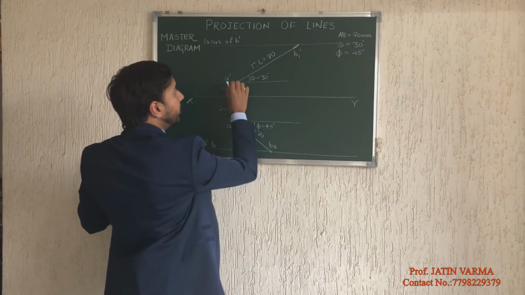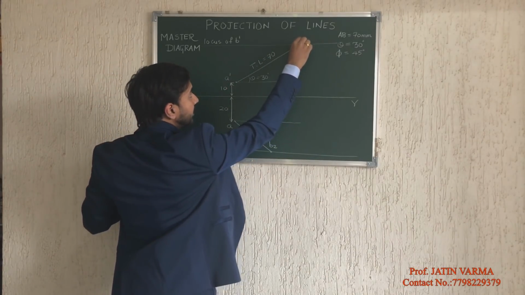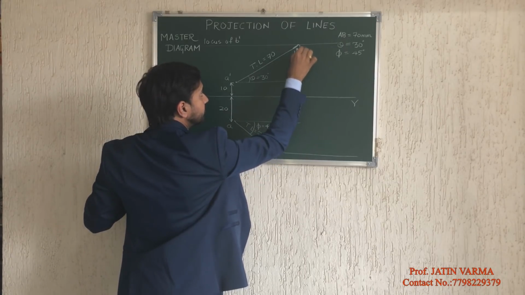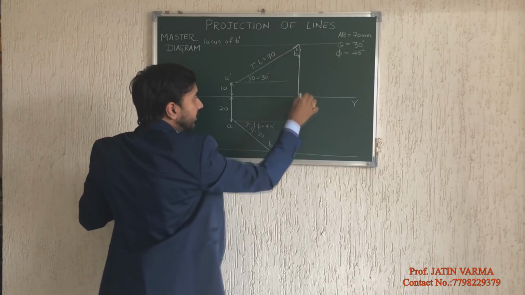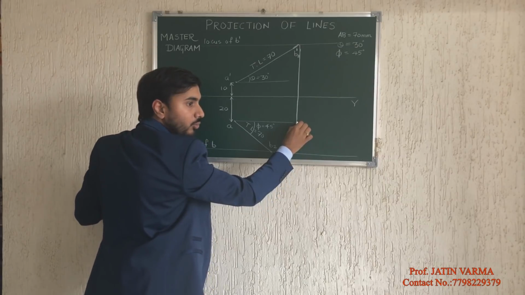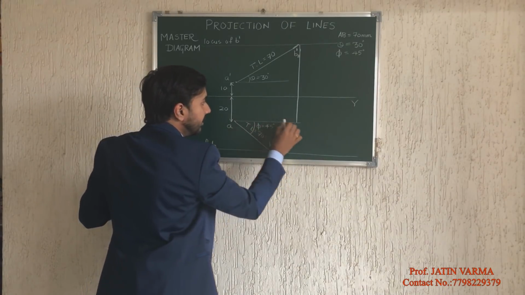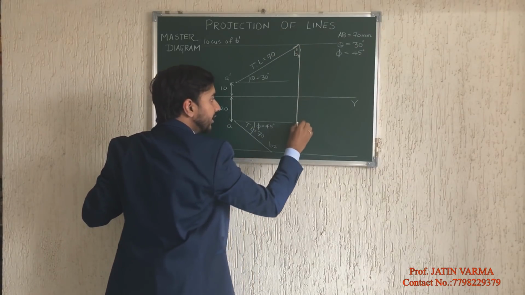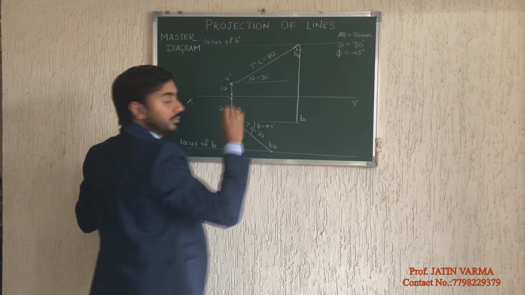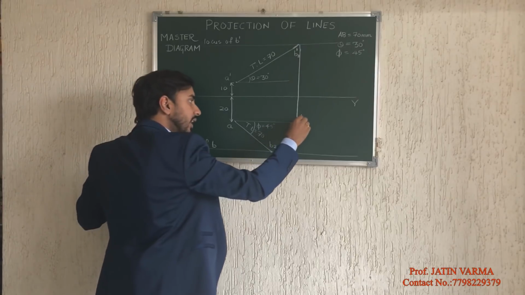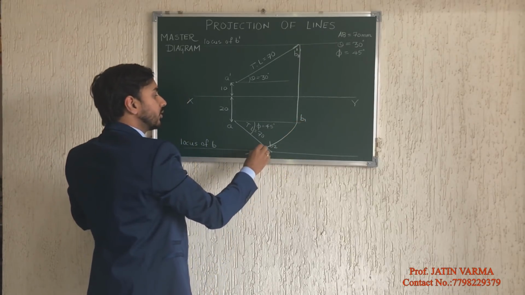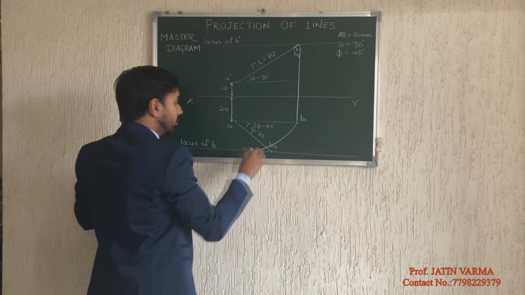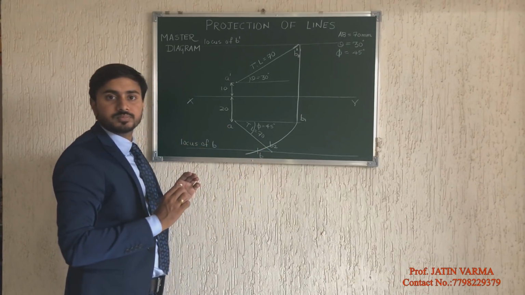This point, B1 dash, I will be projecting downward, perpendicular, till in front of A. This will be B1. Now I am rotating it, so it meets the locus at this point. So this point is nothing but your point B.